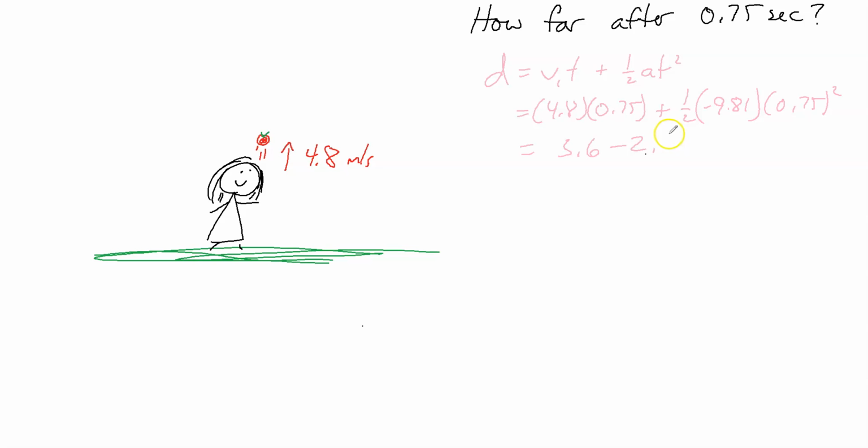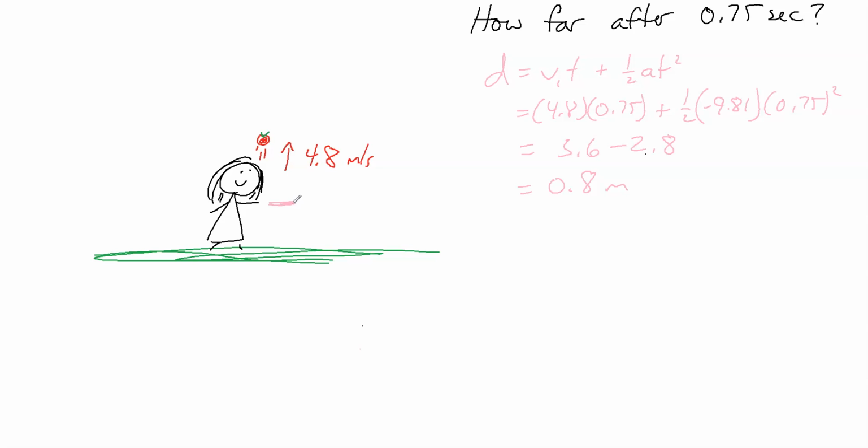We'll round off to the same sig figs, 2.8. So I've got 3.6 take away 2.8, which is about 0.8 meters, and that's how far it has gone. That would be how far it's gone from her hand. That is my reference point.